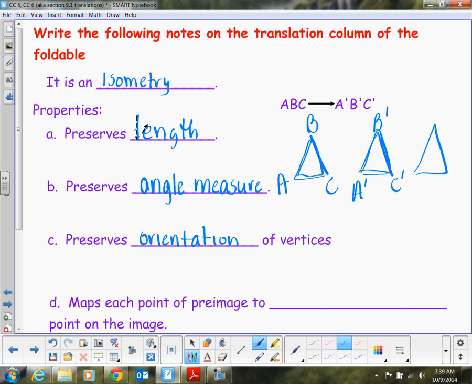If I had it this way, A prime, B prime, C prime, do you agree that's counterclockwise? That's a change in orientation. That's what we mean about orientation. That means if we start here and go A, B, C clockwise, we're going to do A prime, B prime, C prime clockwise. Change in orientation would be different.